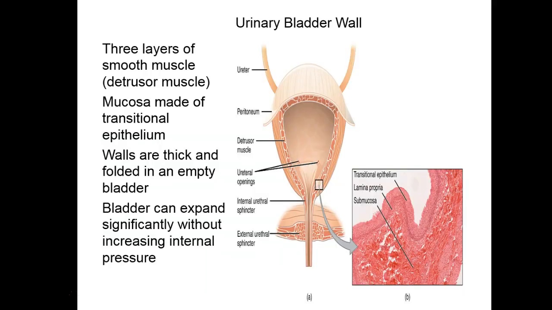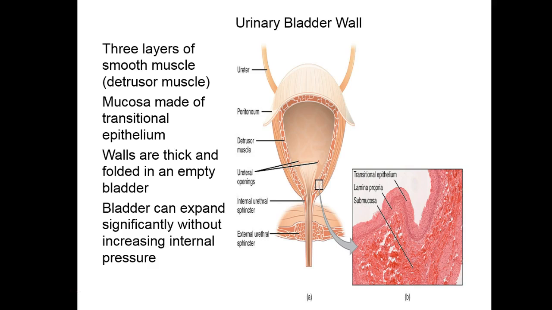The bladder wall, I guess I got ahead of myself a little bit, but you can see this here. 3 layers of smooth muscle, the detrusor muscles, mucosa, transitional epithelium, that's the one that can stretch, and walls are thick and folded in an empty bladder, and then as the bladder fills, those folds go away, the rugae go away.